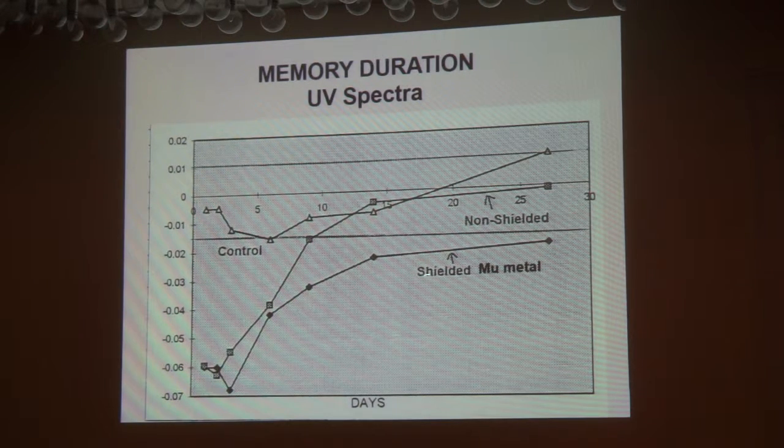One was put in a mu metal shield, and one was just left in the air. Obviously, they both go back to control after about 25 days, but the mu metal shielding keeps the energy and the information a lot longer.